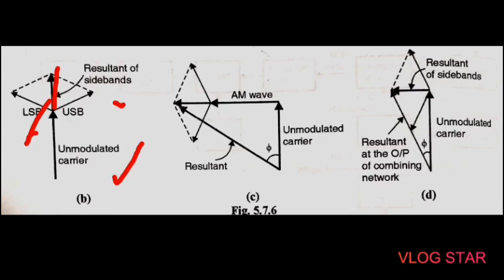Using this figure we can say that the resultant of the sidebands is always in phase with the unmodulated carrier. Hence there are amplitude variations but no phase variations. So AM alone is not useful in this case.